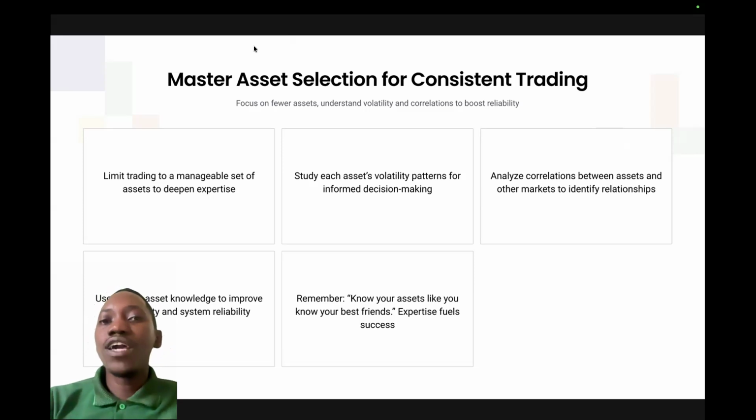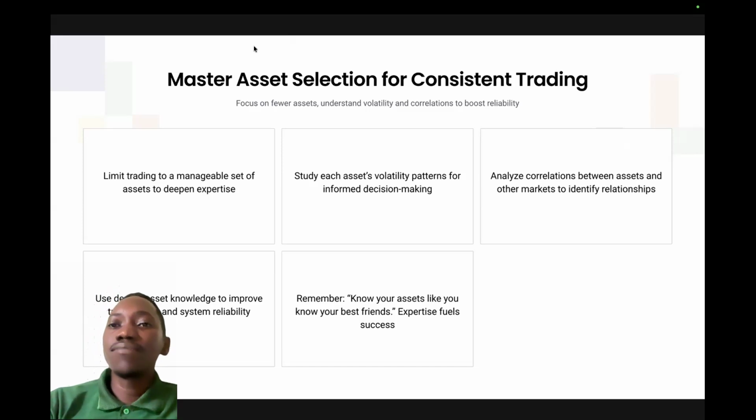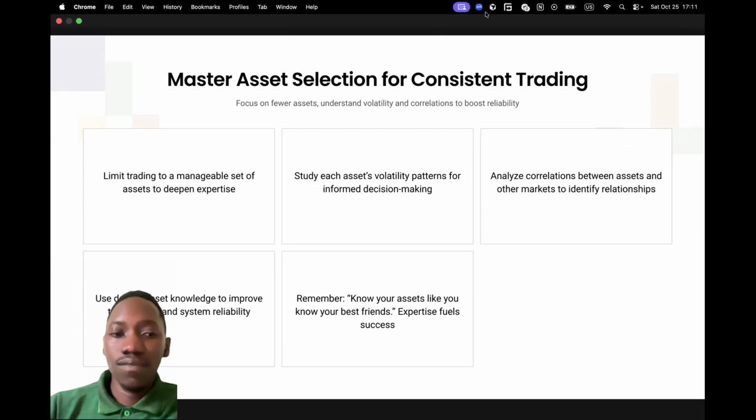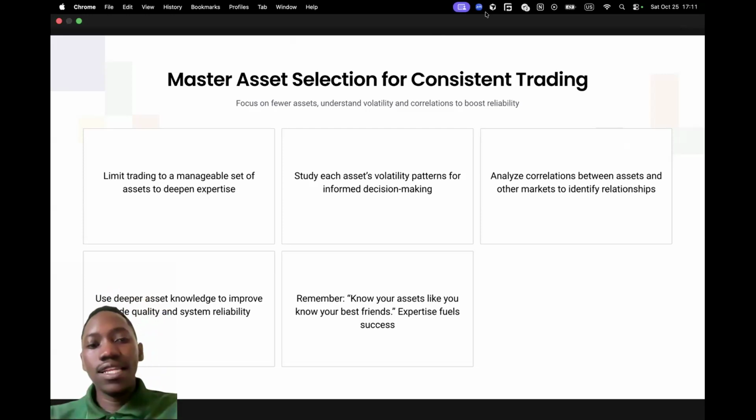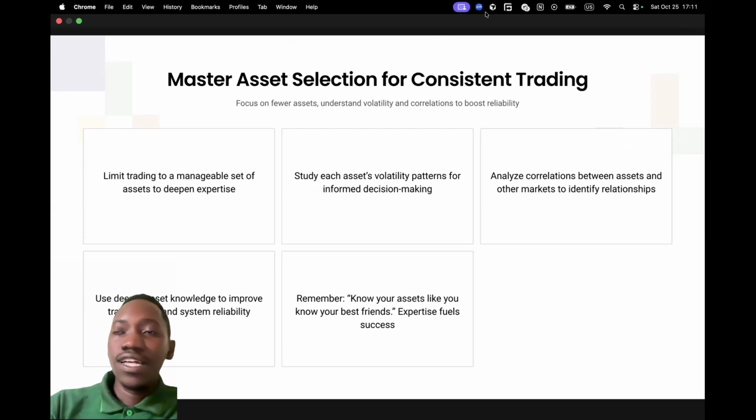But also, when you become a pro, the mutuality in analysis sometimes comes in handy. Then number 2, you use deeper asset knowledge to improve the trade quality. That is the knowledge you have about the asset fundamentally. Like I was telling you yesterday, when you're analyzing a newly traded coin, a new coin on the block, trying to see, is it authentic?